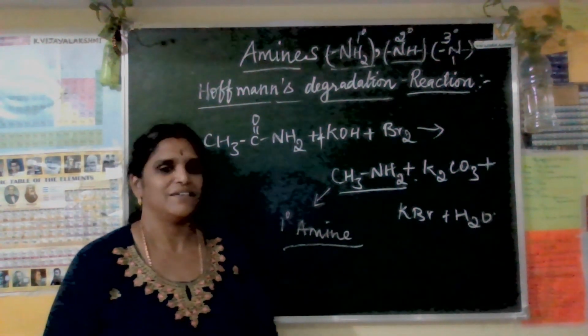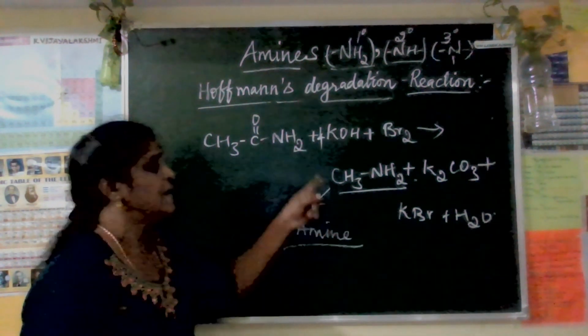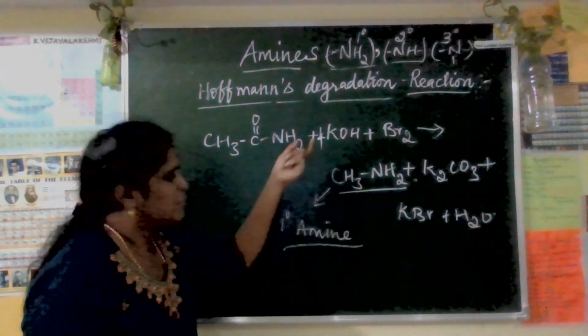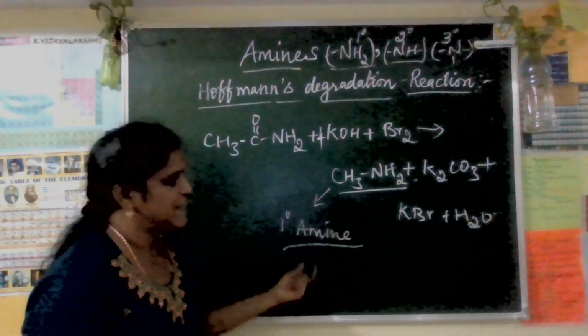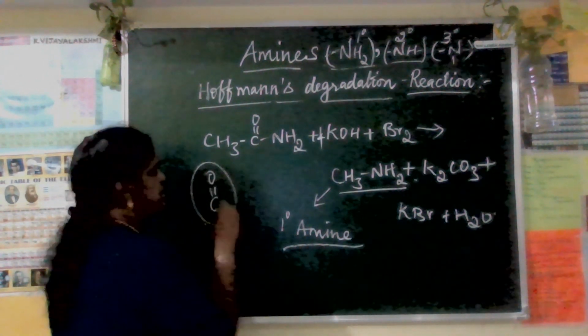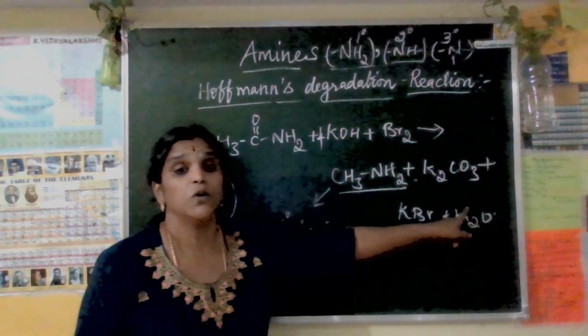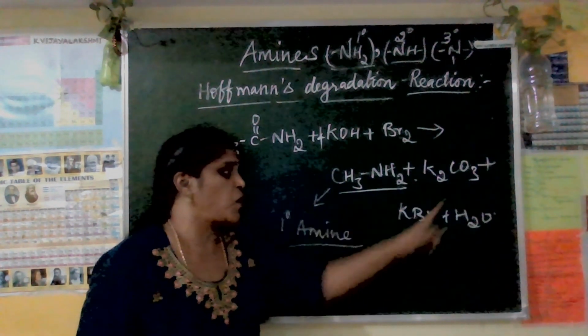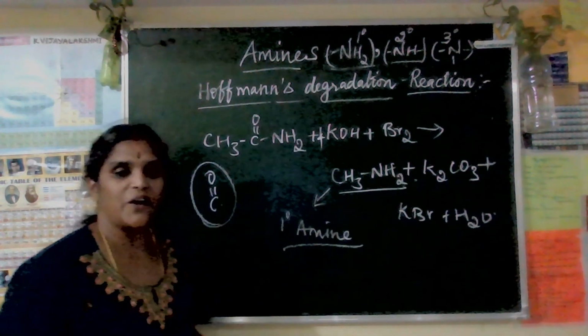Degradation means removal. Hope you remember that. In methyl amine the number of carbons has decreased, and this CO group, C double bond O, is converted into potassium carbonate. Okay, hope you're clear with it.